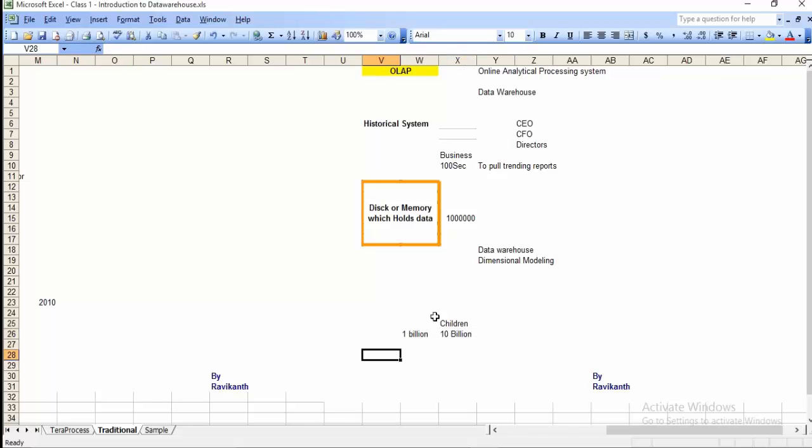Now they want to retrieve the details of the products which they offered from the past 30 years.